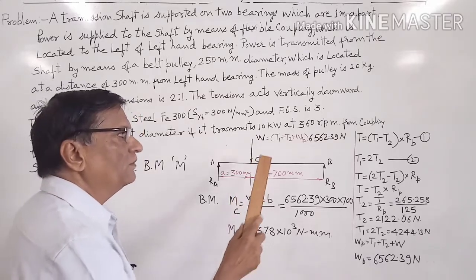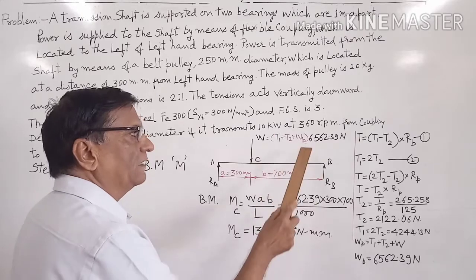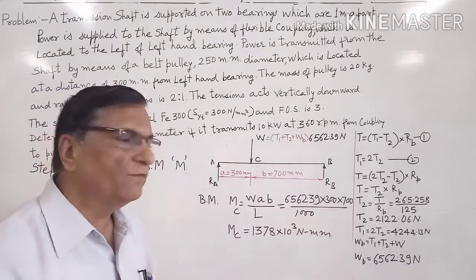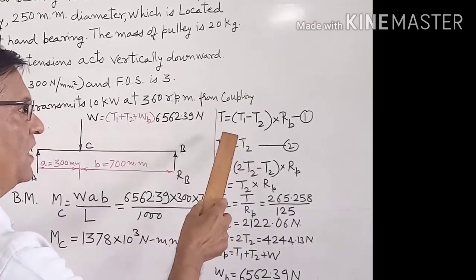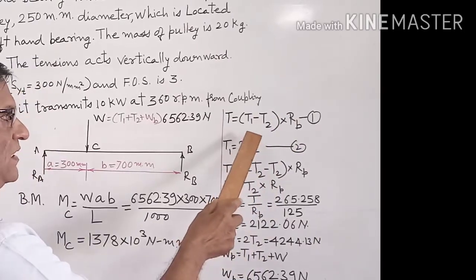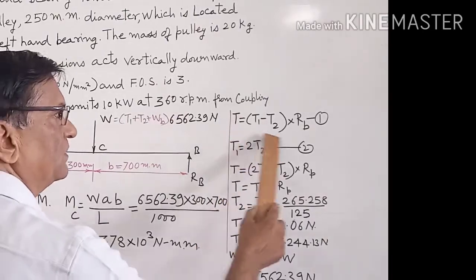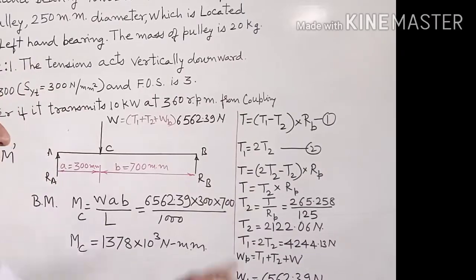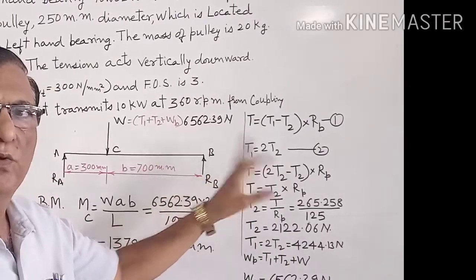So first of all we will find out the values of T1 and T2, and the weight of the pulley is given. Now from the equation, torque is equal to force into radius of the pulley. The force is the difference of the tensions, T1 minus T2. So this is one equation, and the second equation is given by the ratio of tensions, T1 upon T2 is equal to 2.